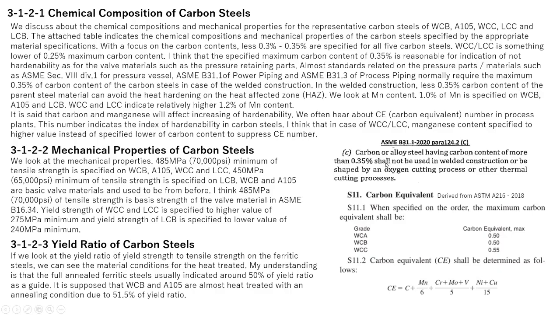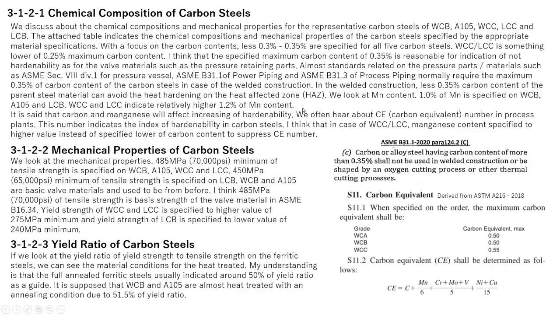ASME B31.1 clearly mentions this. So in welded construction, less than 0.35% carbon content of the parent steel material can avoid heat hardening in the heat affected zone, which we call HAZ.